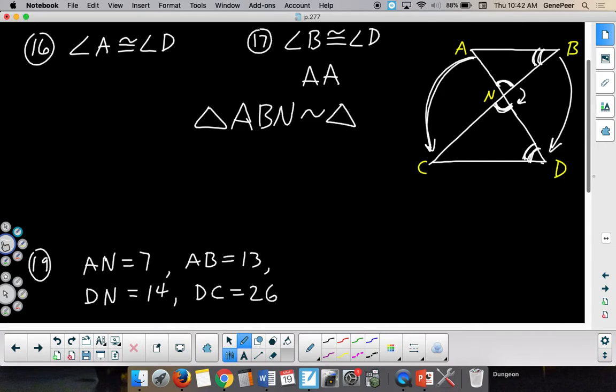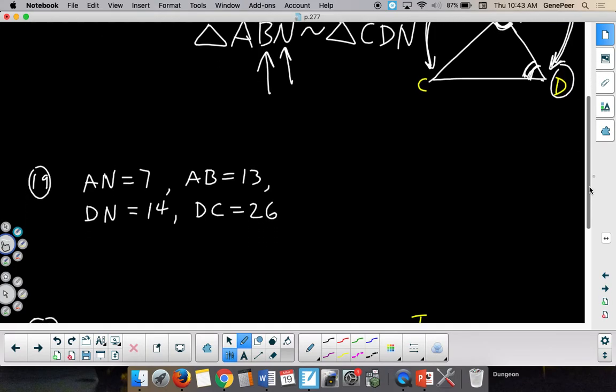C. Triangle C. Then what matches up with B? If B is in the middle there, I've got to put D in the middle here. And the only thing left is N. They put N at the end. N matches up with itself, so N corresponds to N, and we have stated the similarity.